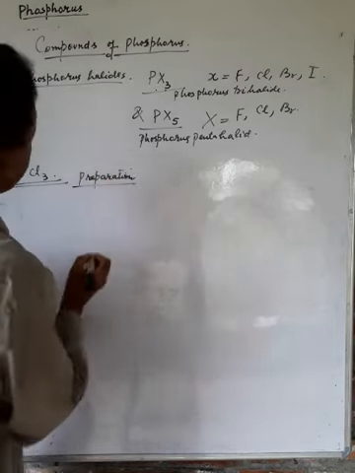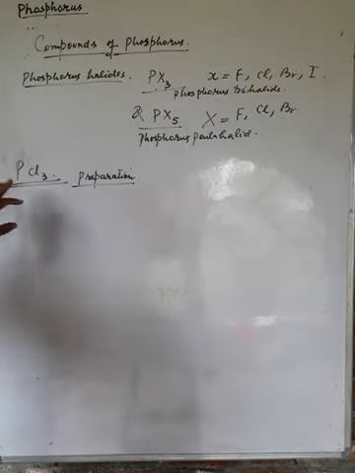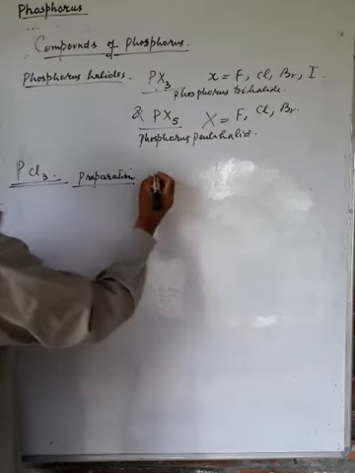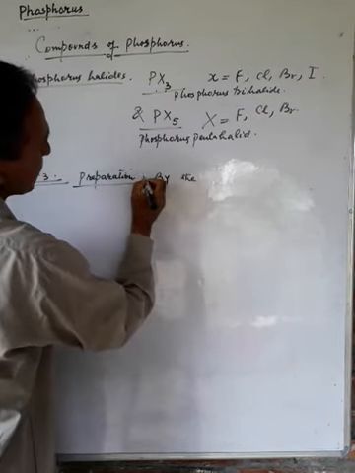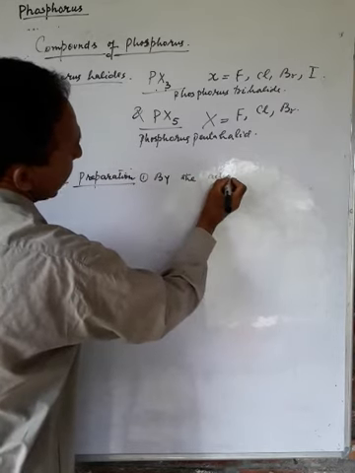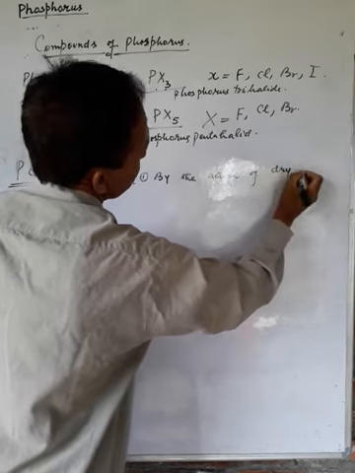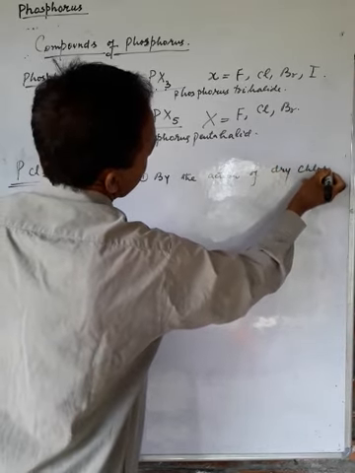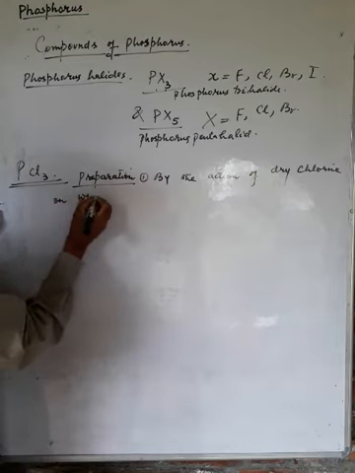Phosphorus trichloride is prepared by the action of dry chlorine on white phosphorus. The first method of preparation is by the action of dry chlorine on white phosphorus.